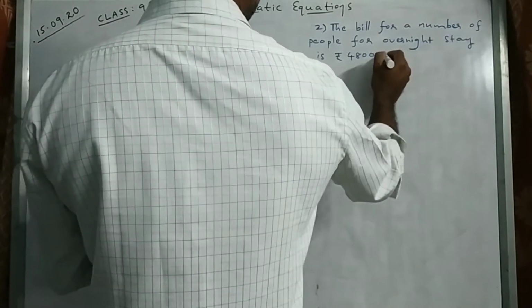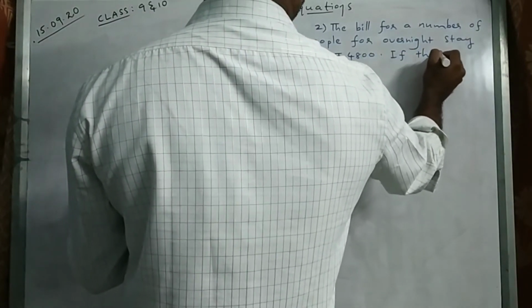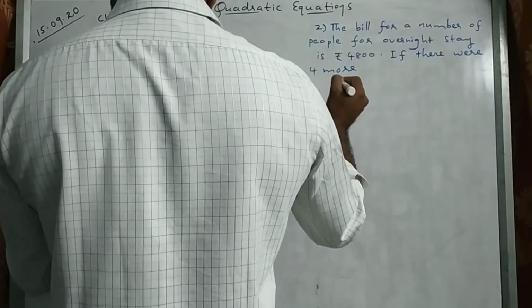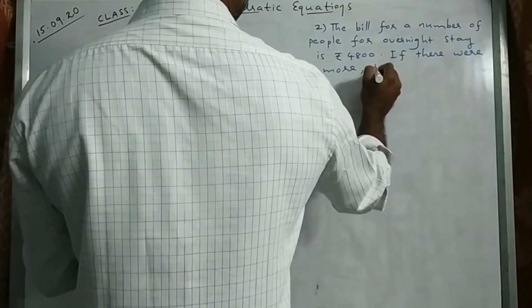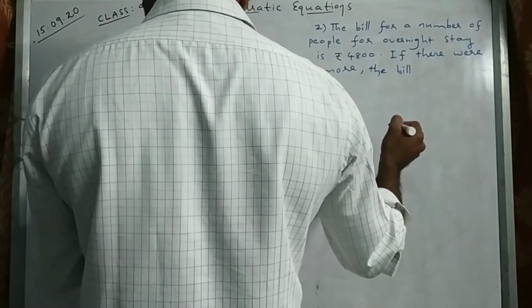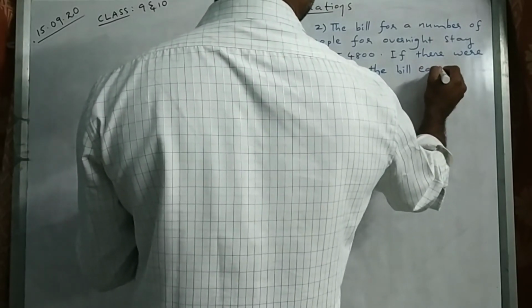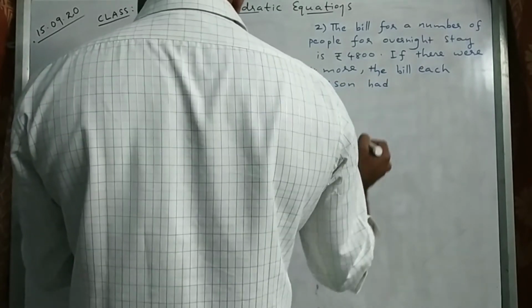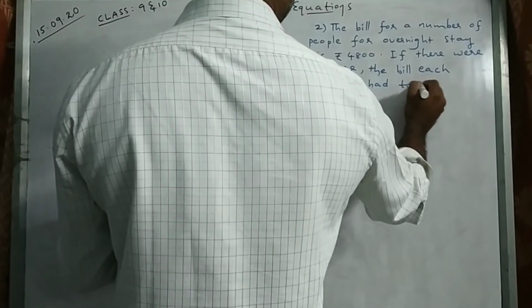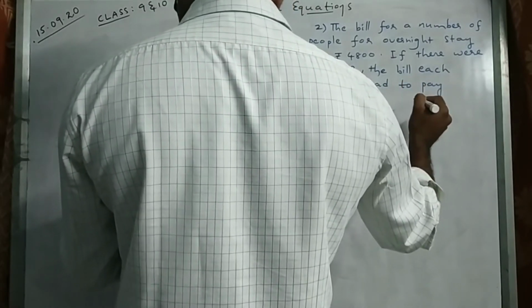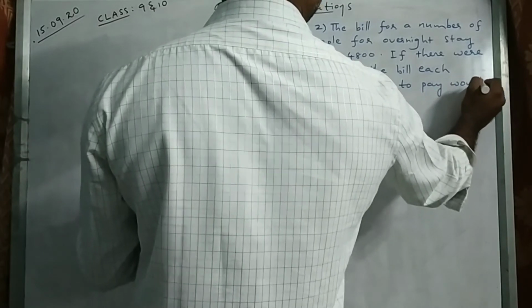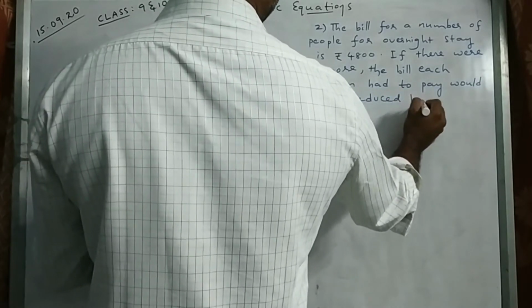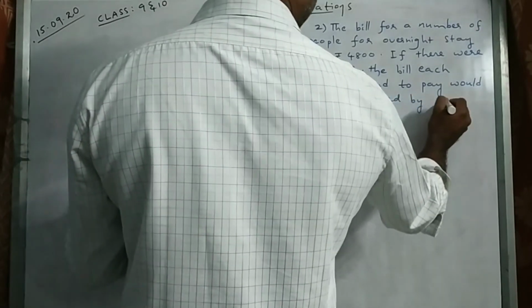If there were four more, the bill each person had to pay would have reduced by rupees 200.